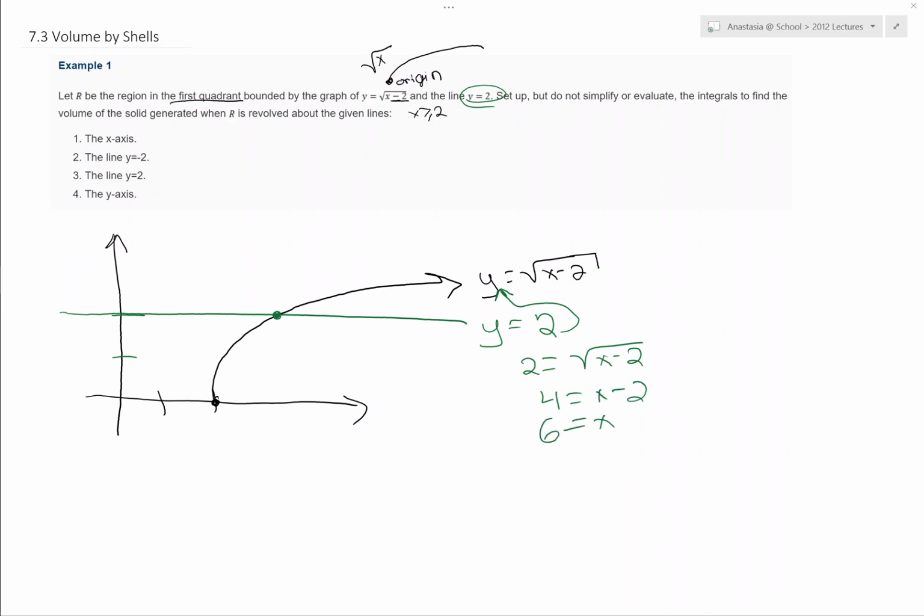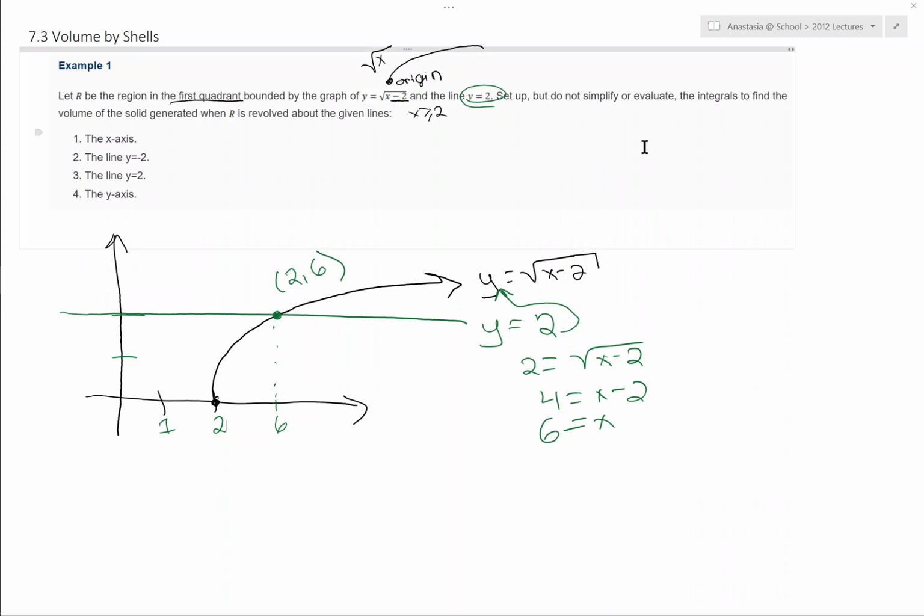So in other words, this point is the point (6, 2). So somehow this becomes x equals 6, and that is why the region is not drawn to scale, but that's okay. This isn't even necessary for full credit. It's just something that's helpful as we are setting up our integrals.